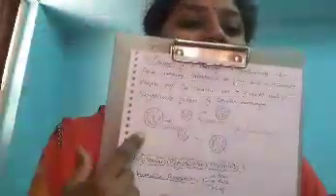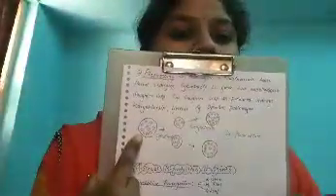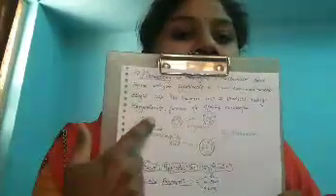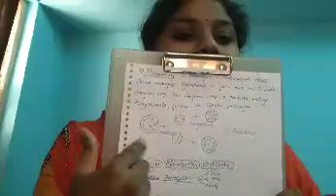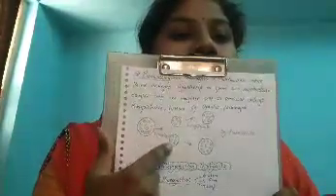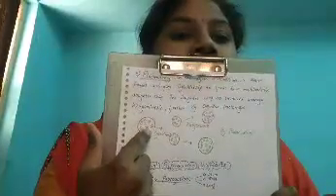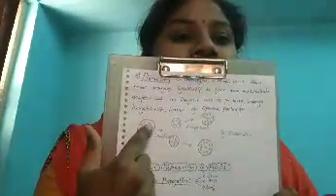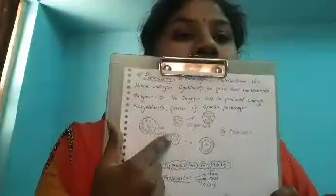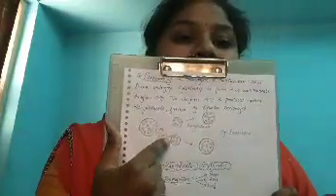So as you can see in the parent cell, cytokinesis takes place, that is, only the outer cytoplasm is getting divided, and the nucleus of the individual cell can be divided equally or not.